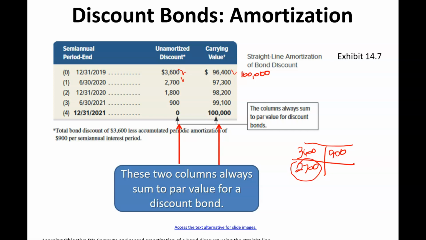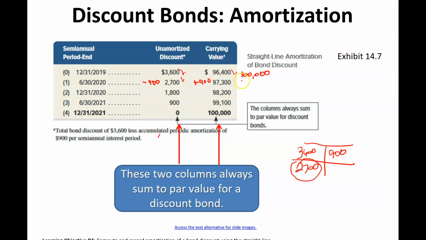And now the carrying value of the bond increases by the amount that we just amortized. So each time, we decrease what is unamortized and turn it into amortized, and then we increase the carrying value by $900.